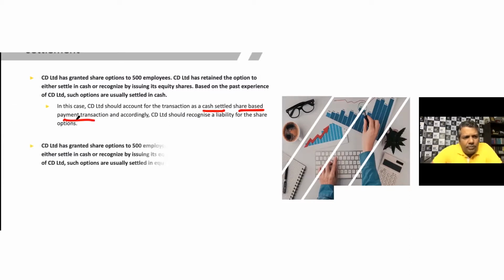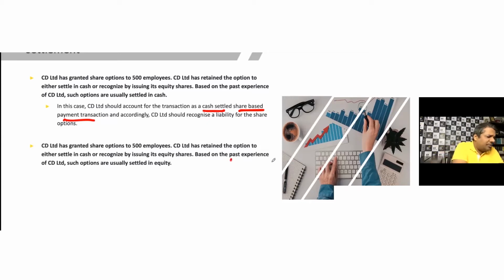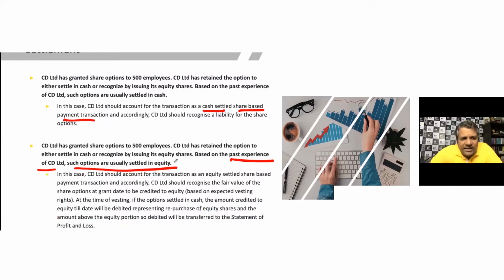Now, same thing, but in the past experience of CD Limited, such options are usually settled in equity. Then you will treat it as an equity settled share based payment arrangement. CD Limited accounts for the transaction as an equity settled share based payment transaction. There's a whole lot of difference between cash settled and equity settled.